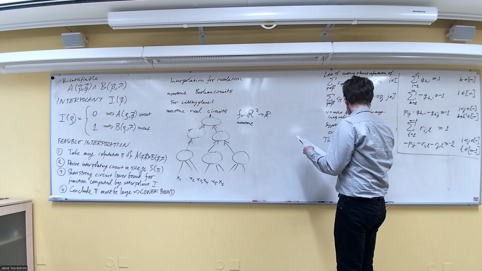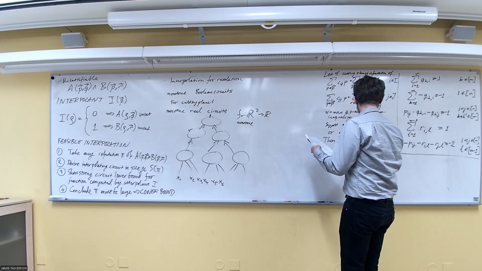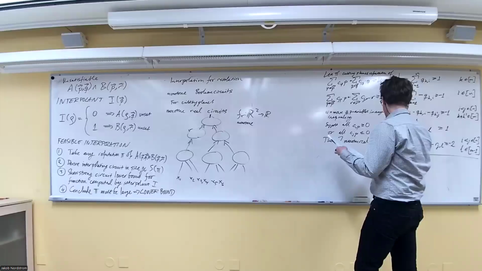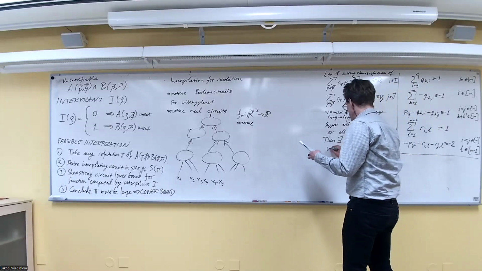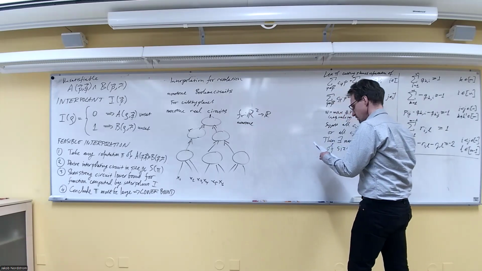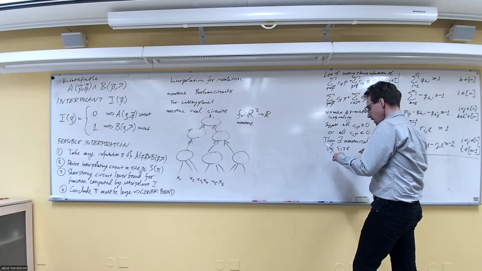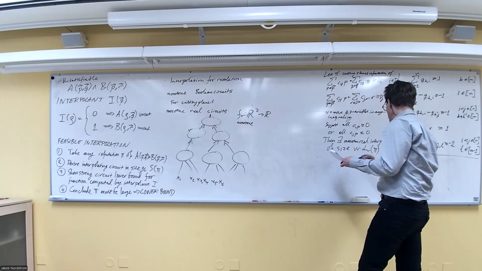Then there exists a monotone real interpolant of size, which is the number of vertices, at most W times the length of pi.